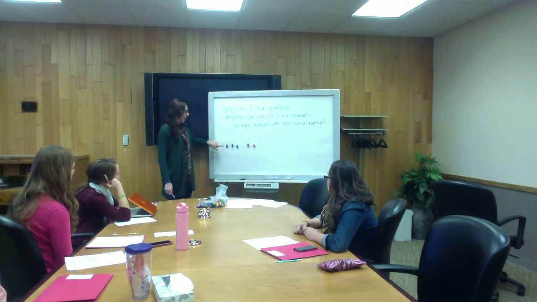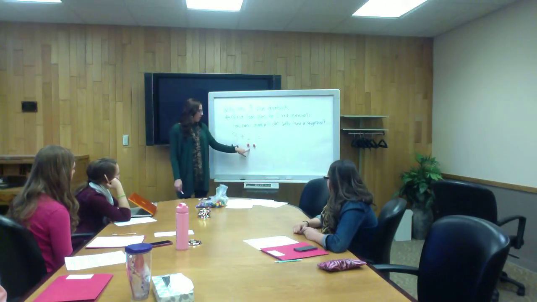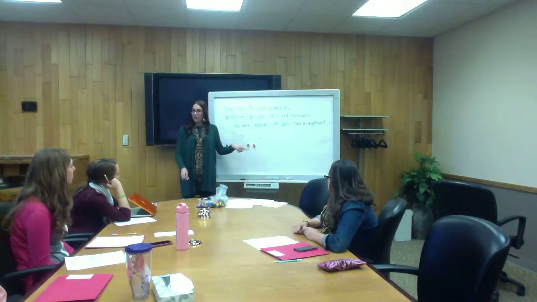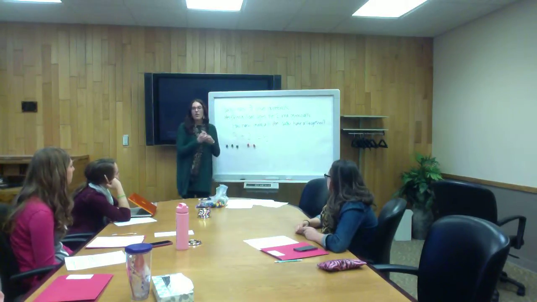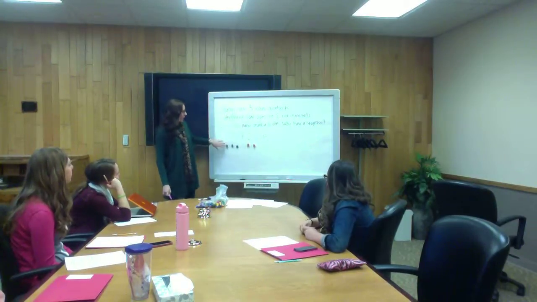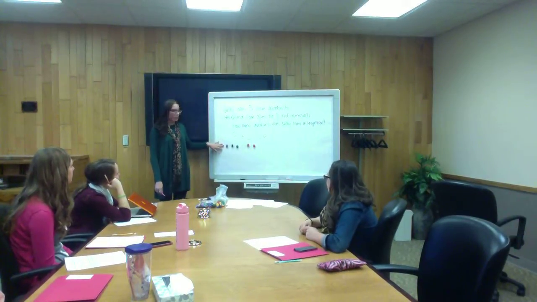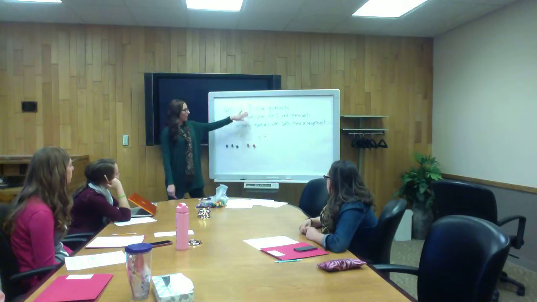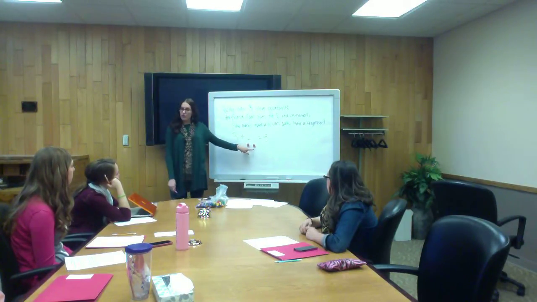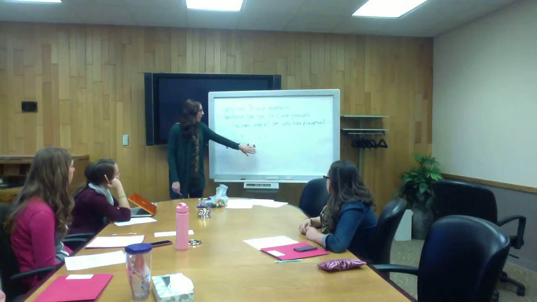So we have 1, 2, 3, 4, 5 gumballs. Do you see that? We have our first number, we use manipulatives to represent it, and we are adding 2 to our original number, so we use 2 manipulatives to represent that, and we can count our manipulatives all together to get our answer.